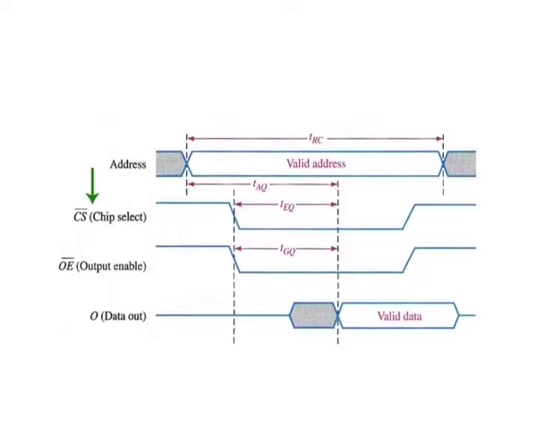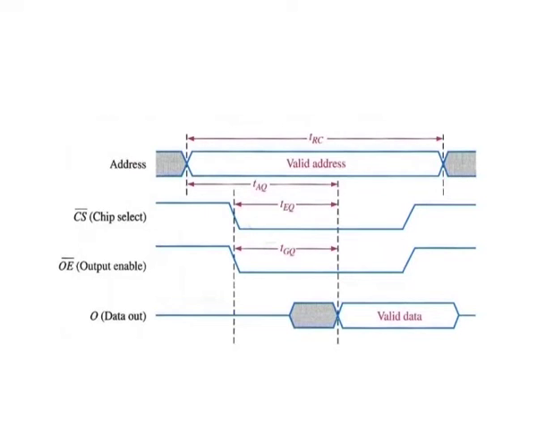Next, the chip select and the output enable inputs go low. One time interval after the output enable input goes low, a valid data byte from the selected address appears on the data lines. This time interval is called the output enable access time.